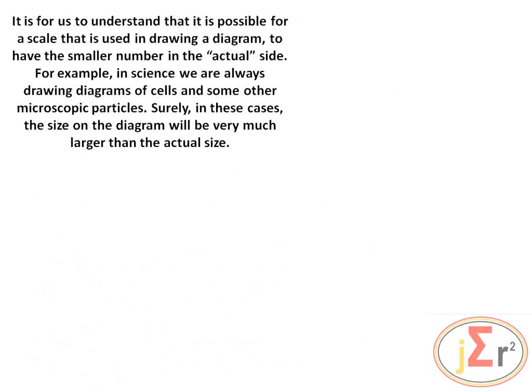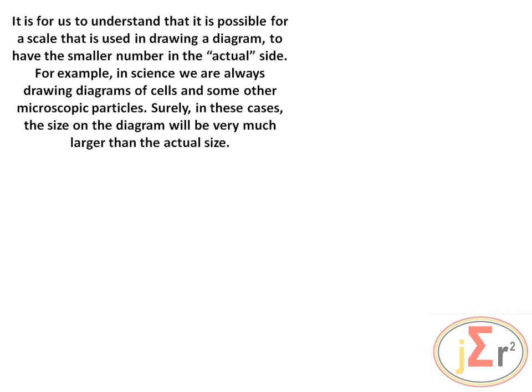It is for us to understand that it is possible for a scale that is used in drawing a diagram to have the smaller number in the actual side. For example, in science, we are always drawing diagrams of cells and some other microscopic particles. Surely, in these cases, the size on the diagram will be very much larger than the actual size.